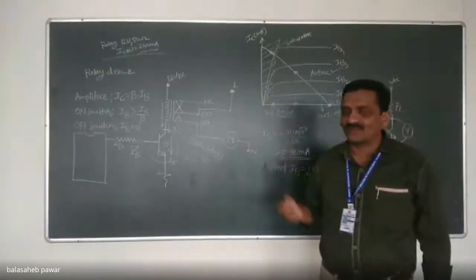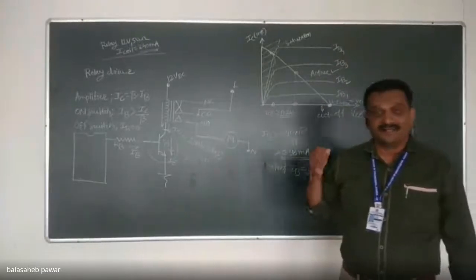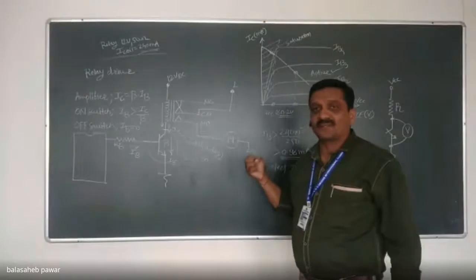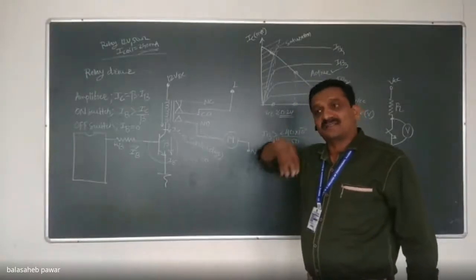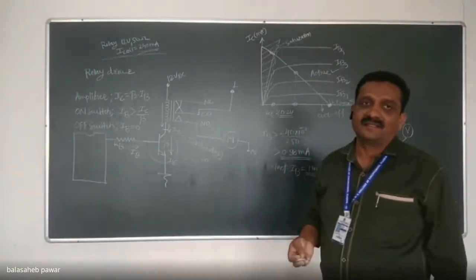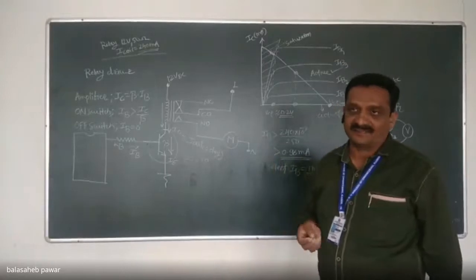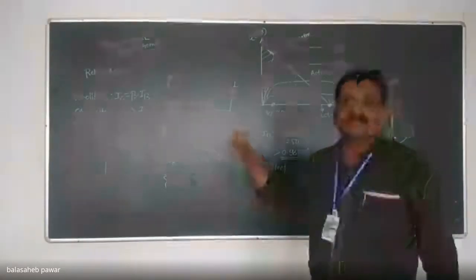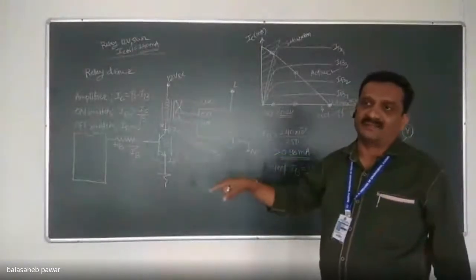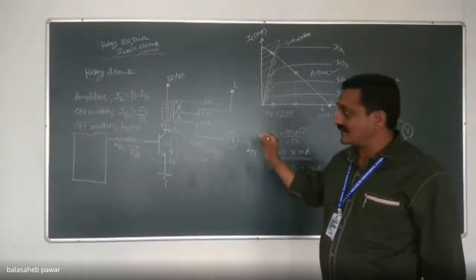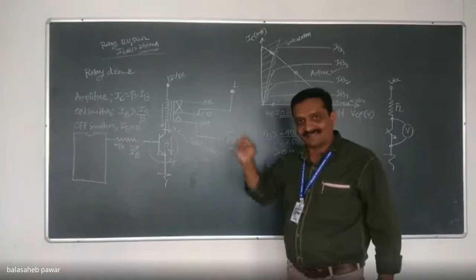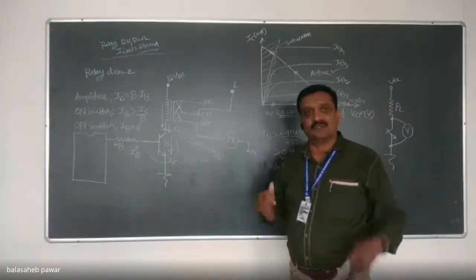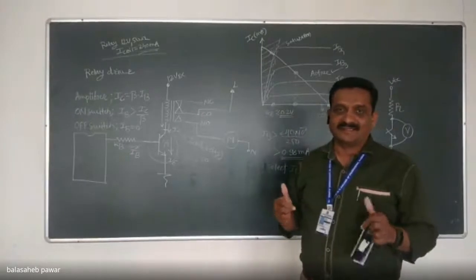If the current drawn from the microcontroller goes beyond its sourcing capacity, that means beyond 25 milliamperes, then it will operate in loading condition, and that will be harmful to our microcontroller. If the current consumed from the microcontroller is less than or equal to its maximum sourcing capacity, then no issue. Clear?